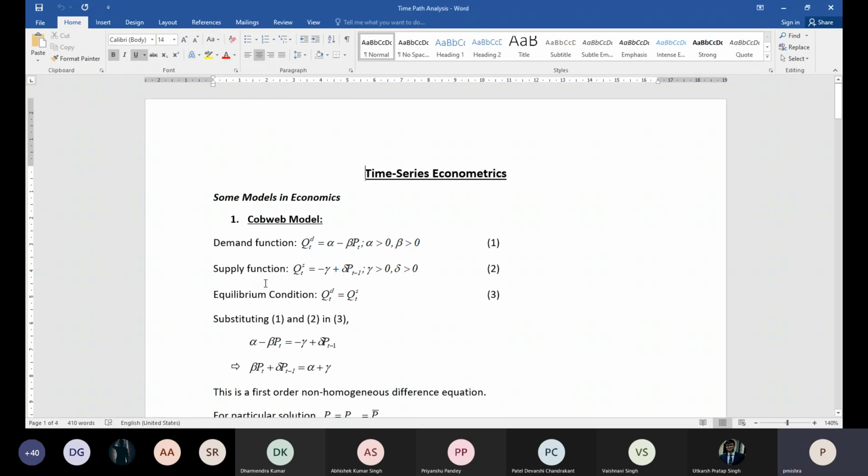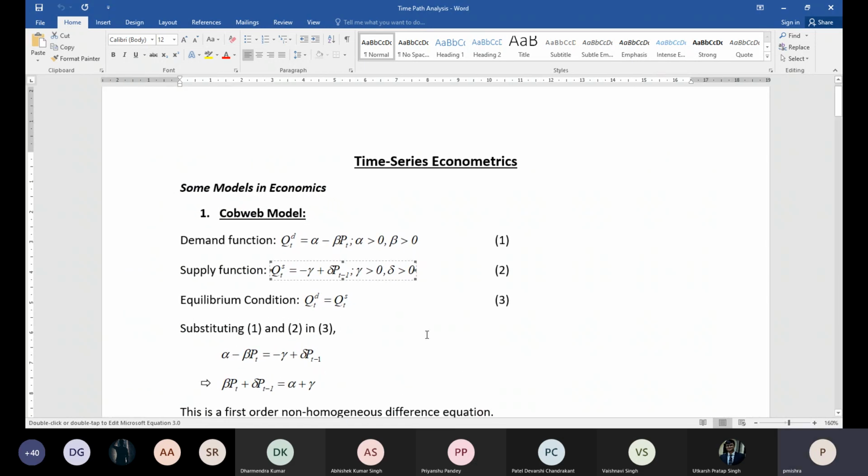But when I specify the supply function, we specify in a different way. Here we assume that quantity supplied is a function of price, but price of not the present year, but the previous year. Because based on previous year's price, the producer makes the decision how much to be supplied this year.